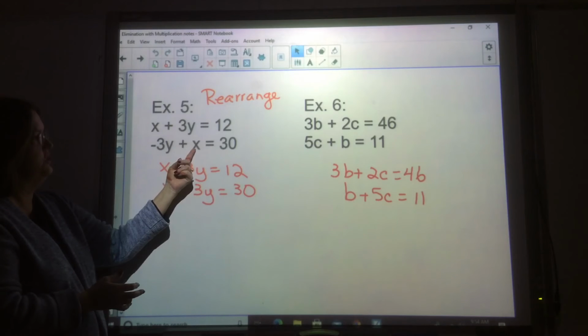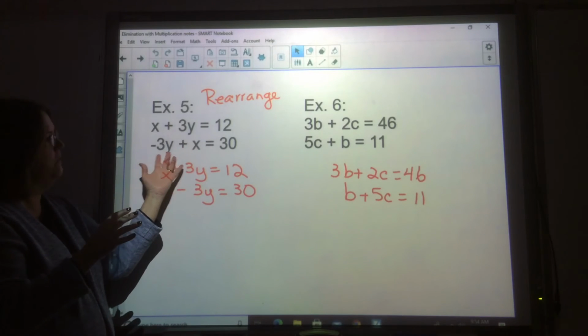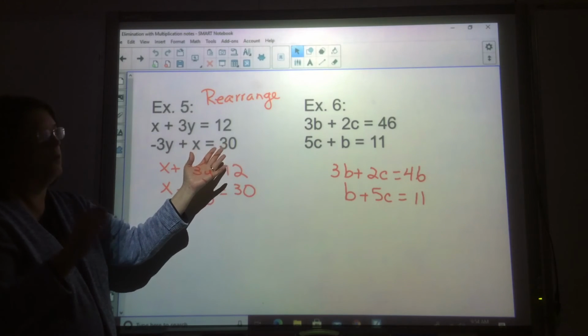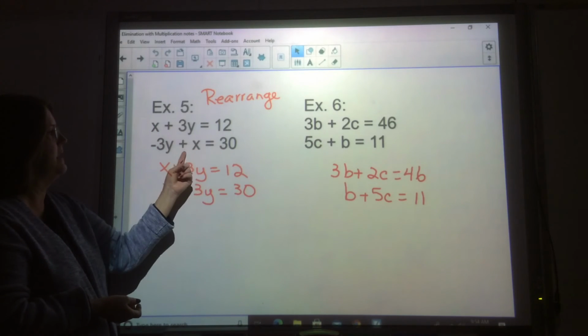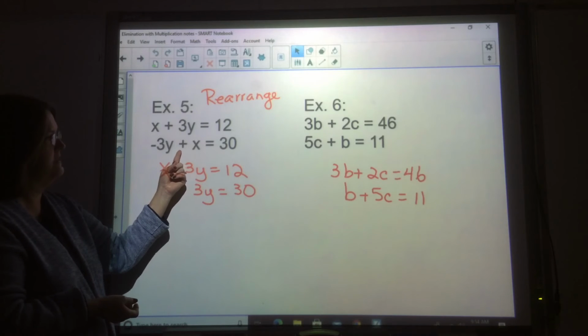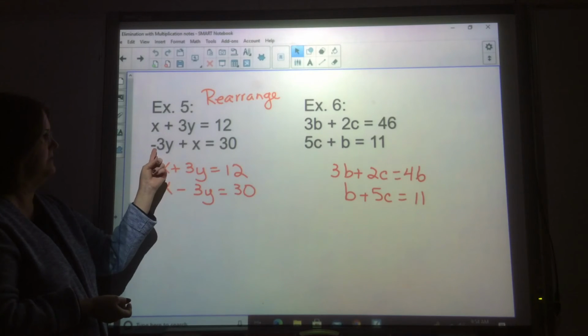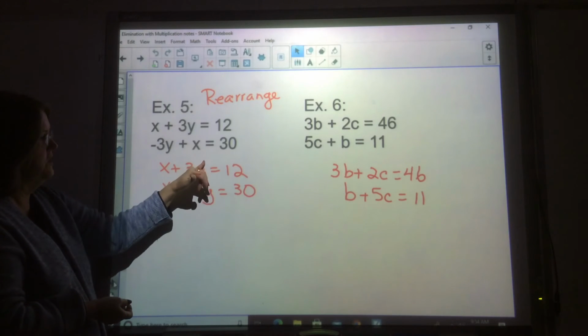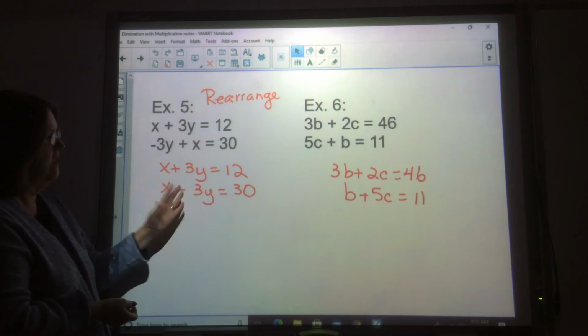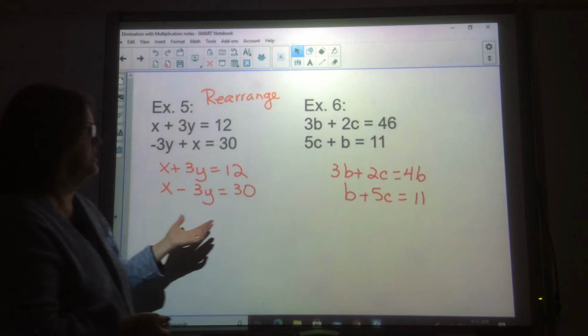When you rearrange the second one, because it's the one that's out of order, be sure you keep your x underneath your x and your y underneath your y, and keep the signs the same. This is a positive x, you write positive x. -3y, you write -3y. Now, that would cancel out, and this one will be quite easily done.